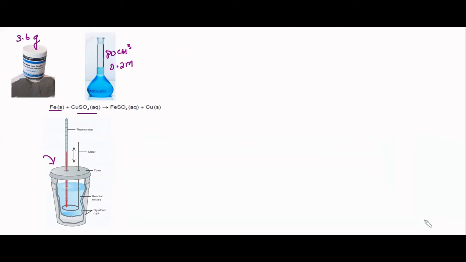The energy to calculate the quantity of heat absorbed or released is Q is equal to mc delta T. Here m is actually the mass of the solution, and we are assuming this mass to be 80 grams itself. And this 80 grams, you might be wondering from where we are getting it. It's already stated that 80 centimeter cube of the solution is what we are using for this experiment.